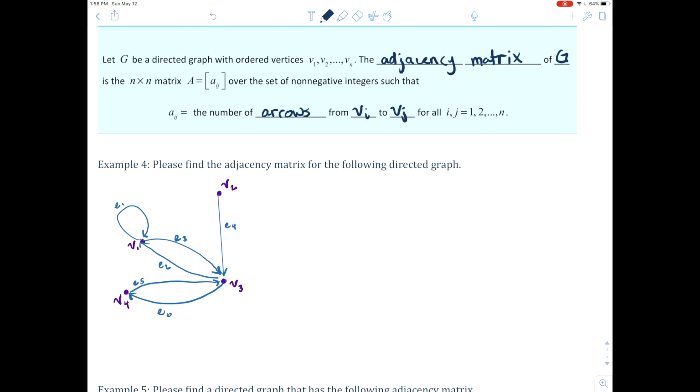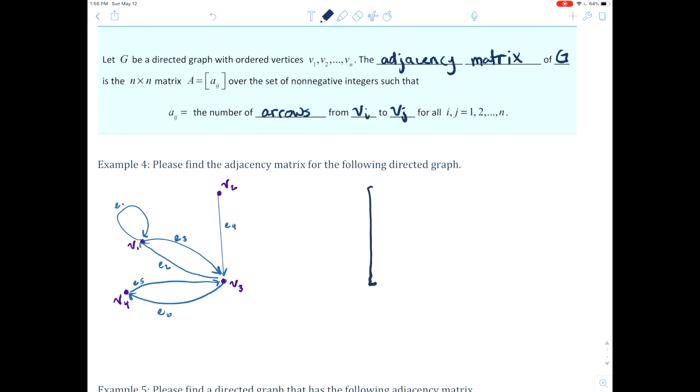Is there an edge going from V1 to V2, etc.? You do that for all of these vertices. You have 4 vertices, so you're going to need a matrix of order 4.